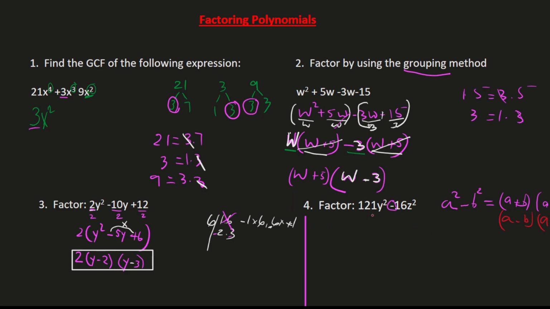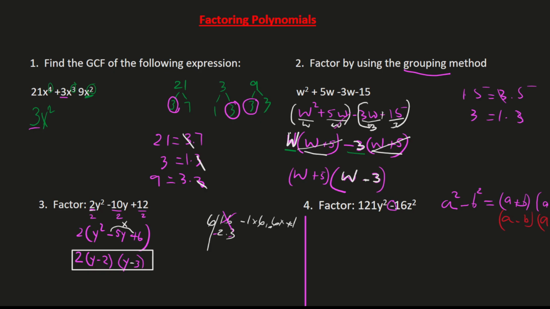All right, so let's factor this one here. How do I find my a? I find it because if I take a and raise it to the second power, it gives me that. So basically what I need here is a number that, when I multiply it by itself, gives me 121. I don't want to go into square roots or radicals with you yet.